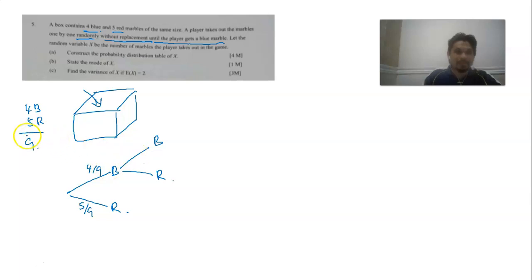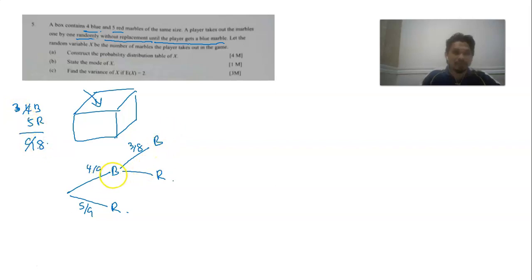If the first ball is blue, 4 out of the total of 9, then the second time the number of balls has been reduced from 9 to 8, reduced by 1. So if the first pick is blue, the second will be 3 over 8, because the number of blue balls goes from 4 to 3, and the total is now 3 plus 5 equal to 8.